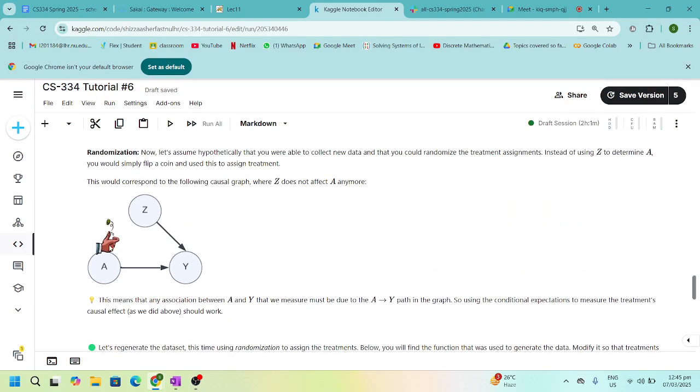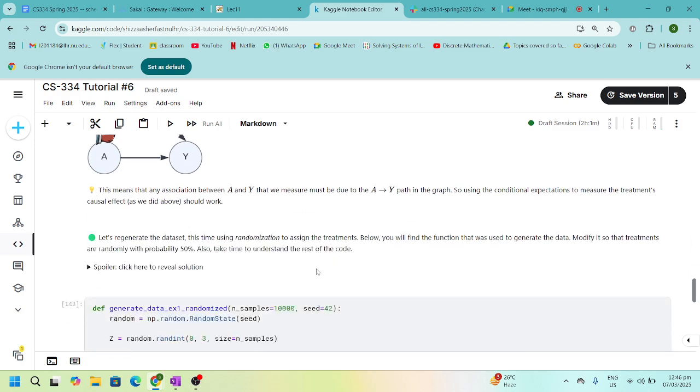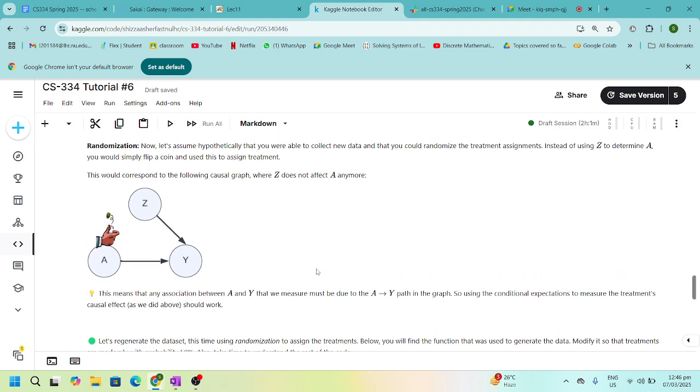See, if I had a way to cut this particular path that goes from Z to A, I have solved my problem. Now the only path between A and Y is the direct one that goes from A to Y. There are no confounders whatsoever in this path. Let's see how we can do this. There are two ways of going about this.